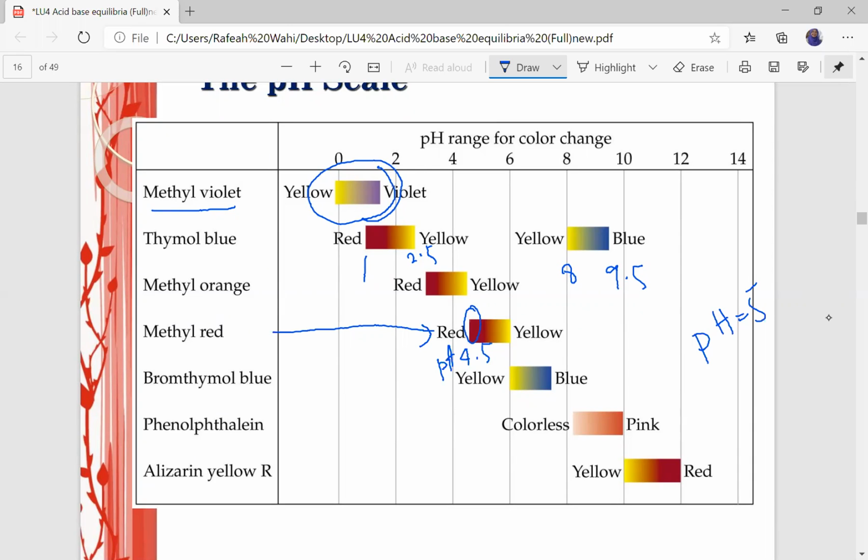Okay? However, if you have an indicator which changes color at pH 5.1 or 5.2, you can use it as an indicator. Okay?